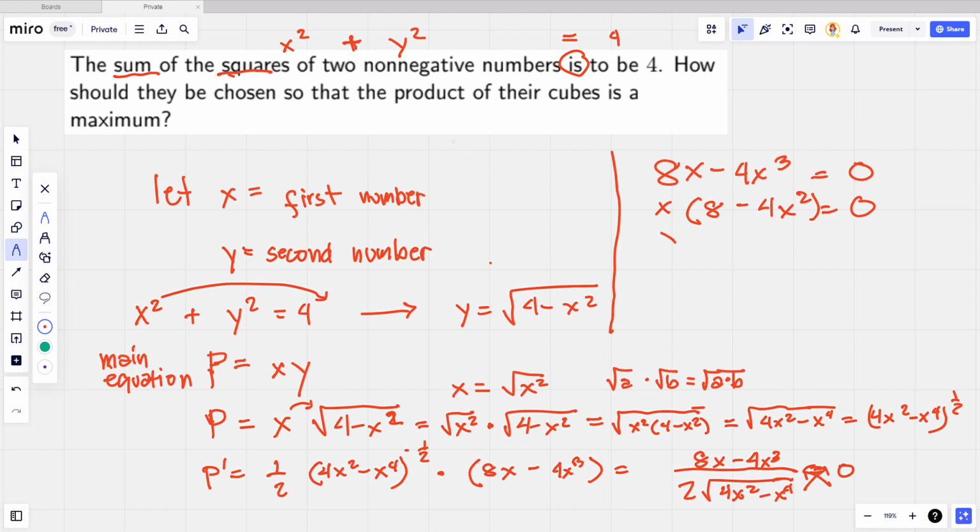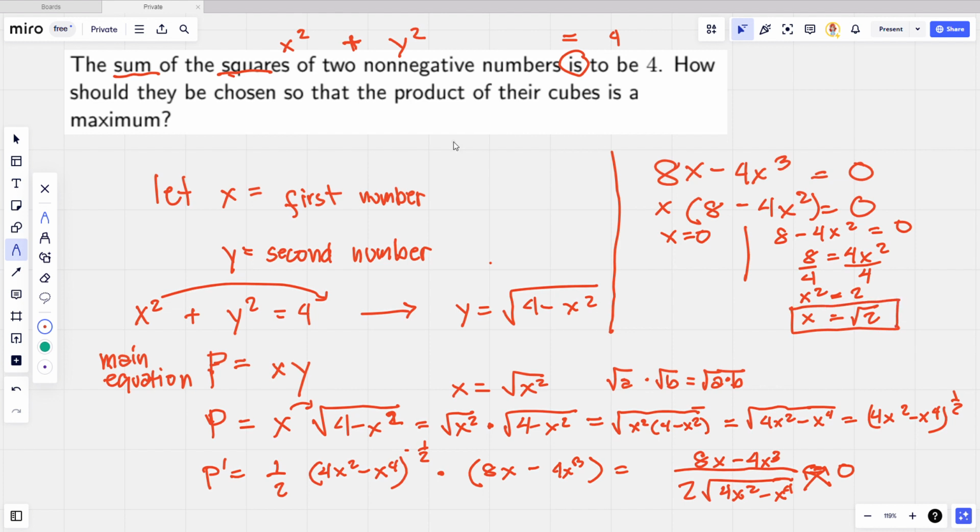Equating each factor to 0, we'd have 8 minus 4x squared equals 0. So 8 equals 4x squared, dividing by 4 both sides, 8 divided by 4 is 2, and x squared is equal to 2. Taking the square root of both sides, x is equal to the square root of 2. So you now have the value of x.